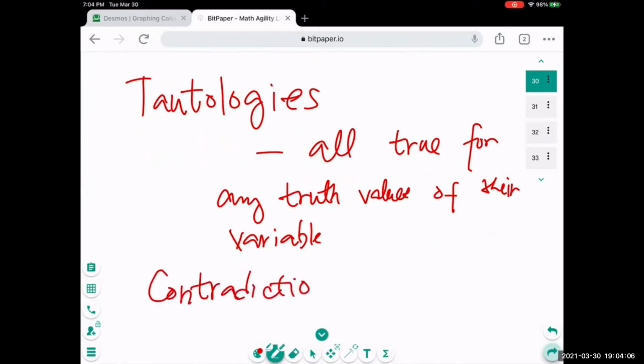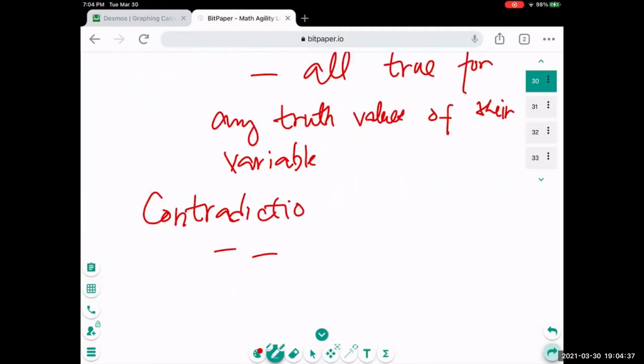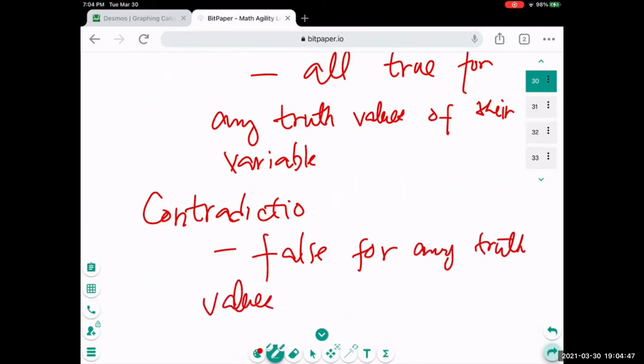Ang definition niya is, if it contains only F in the last column of the truth table, or in other words, if it is false for any truth values of its variables, right? False for any truth values of the variables. All right. Okay, what's next?